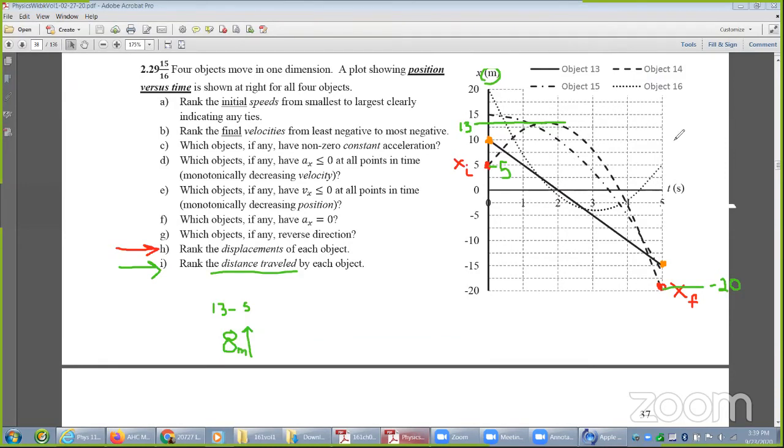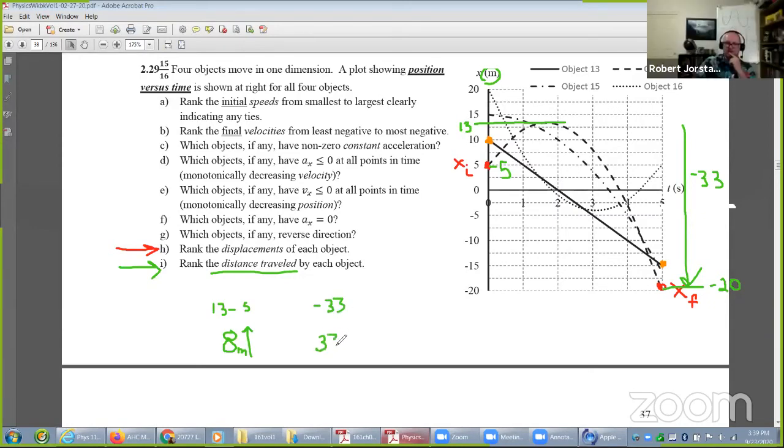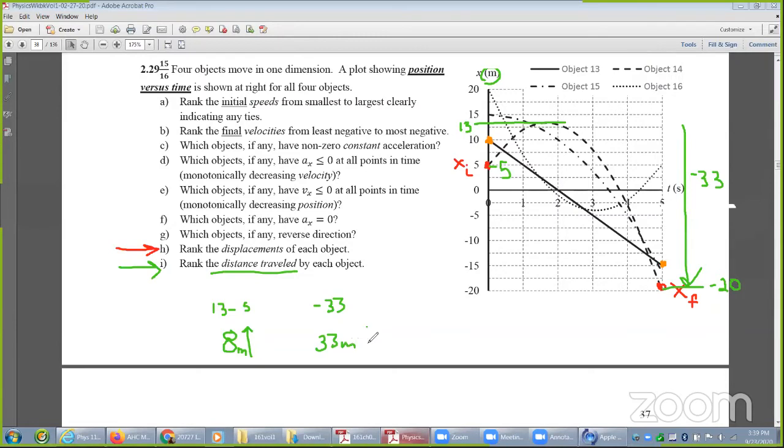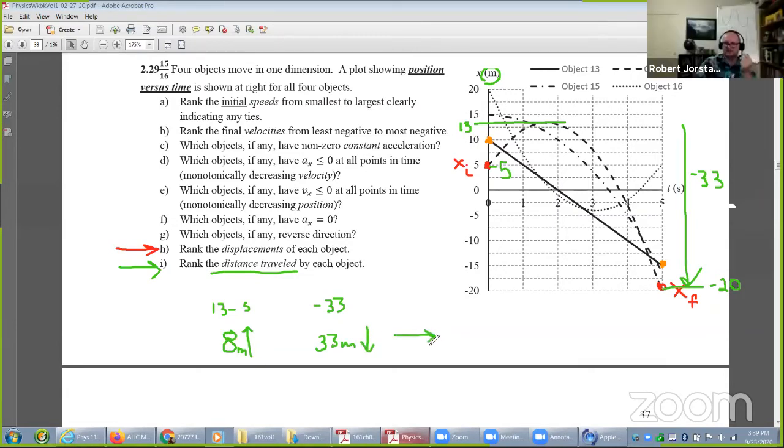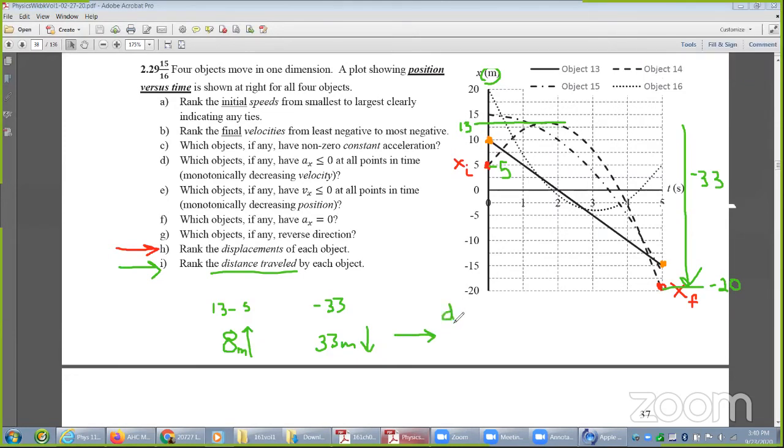And then you would go negative 20 minus 13, which is negative 33. Do you agree that's the same thing as 33? Absolutely, because you're down, right? Yes, yes. So what's the total distance? So then you'll be at 41.